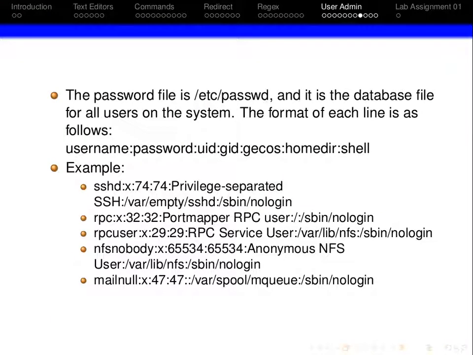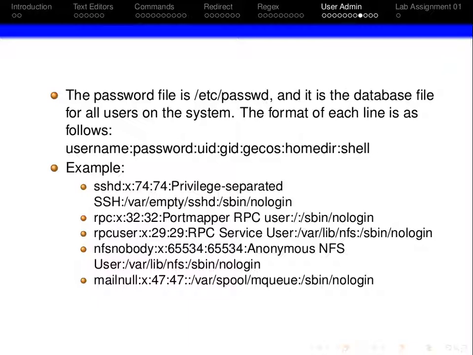All right, passwords. Let me rephrase that. The password file is /etc/passwd, and it's the database for all the users. It's formatted username, password, UID, GID. UID is the number of your user ID. The GID is the number for your group ID. And then usually the GECOS, that's like, my name is Paul West, and so on. Home directory is where your home files are, and then shell is the program to execute when you log in, most of the time it's bash.